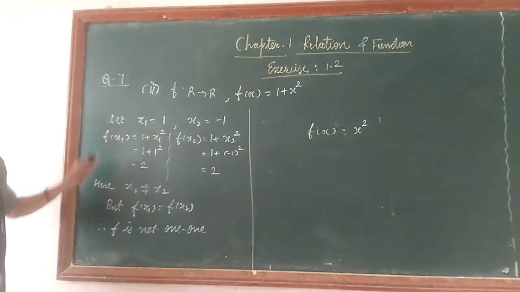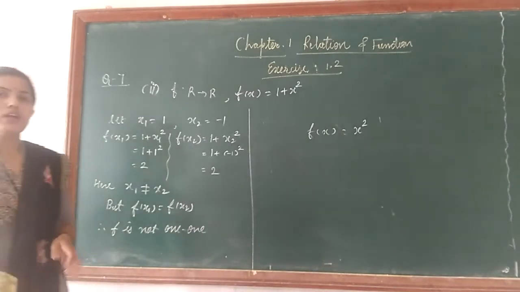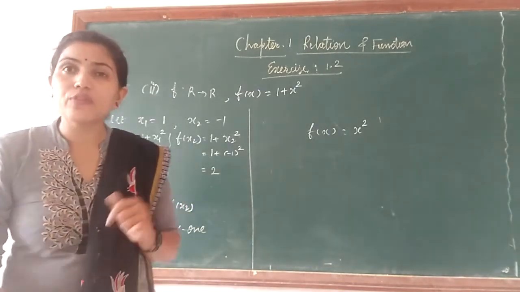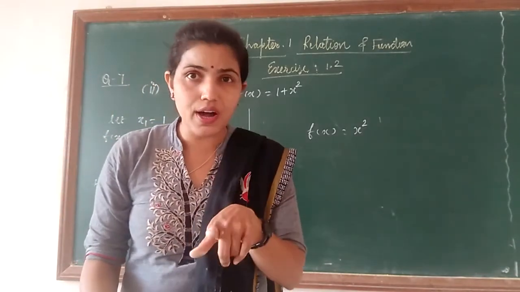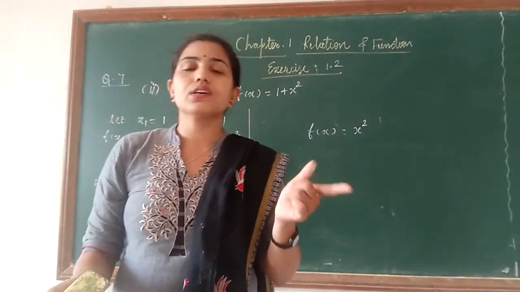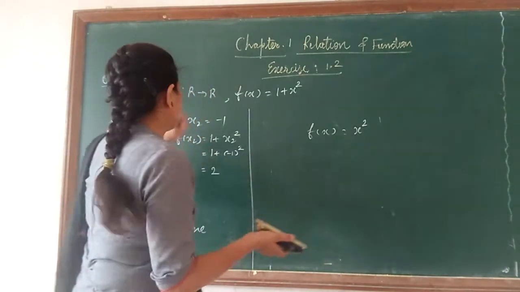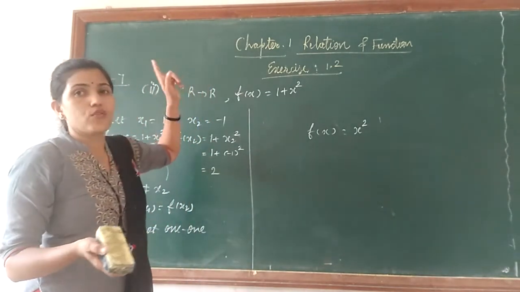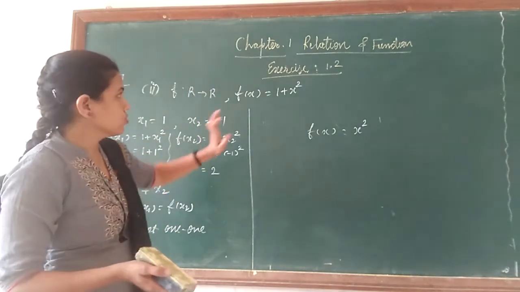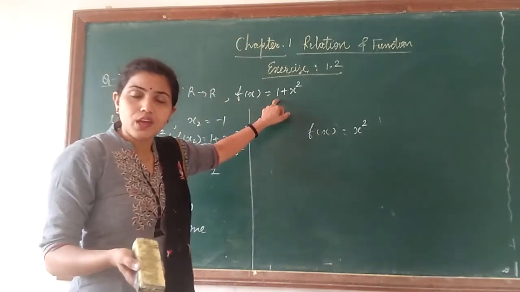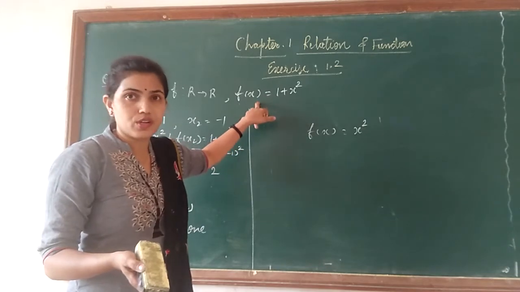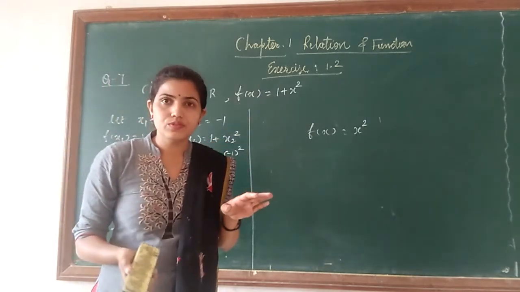Okay, so this is clear to you. Now the ontoness. For ontoness, we find some y in the codomain so that there does not exist any element in the domain so that f of x is equal to y. So students, you can observe here that the value of the function will always be positive.